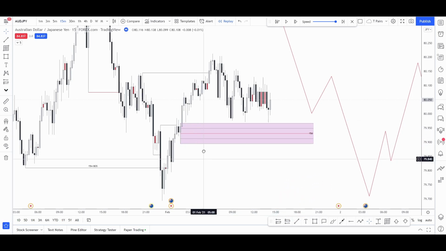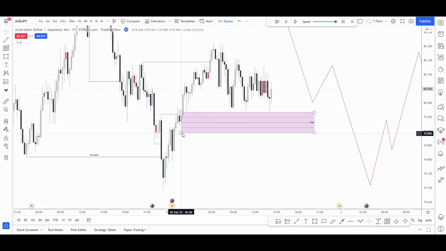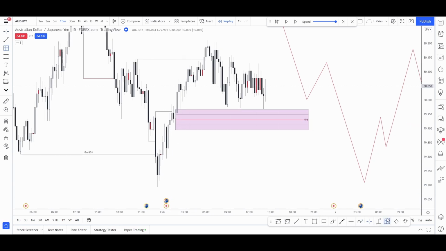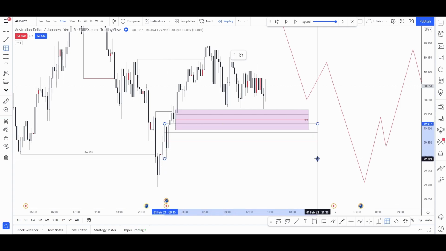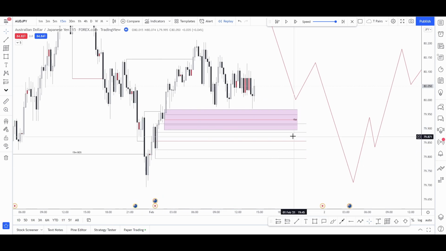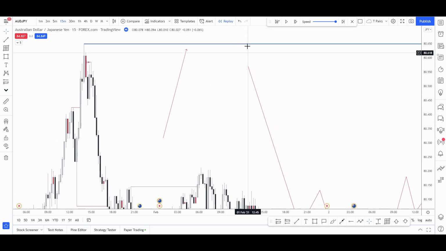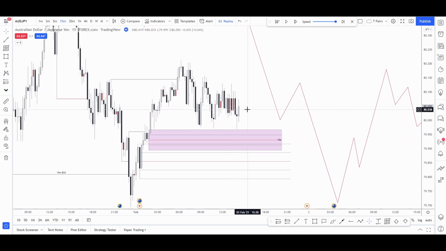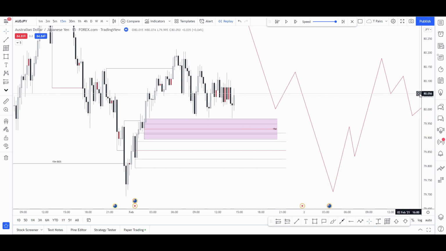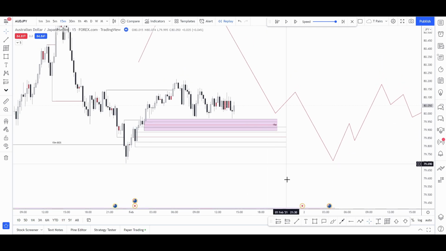So we could take a loss on this one and have price come down to here, but we've had a little mitigation so far already. Let's look at where we could have this on the chart. If we were to be targeting the nearest high, which is this one, or potentially up here, we're not going to get much for a risk-reward ratio on this second one which I've drawn out.